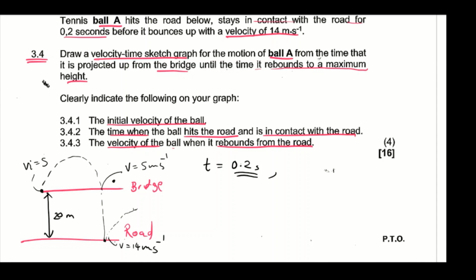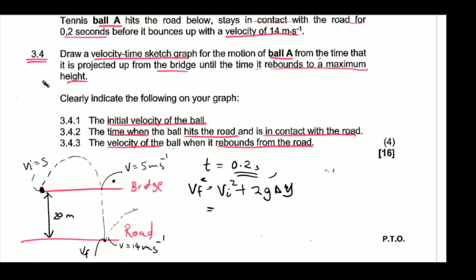The first thing we can find now is the final velocity as it reached the ground, moving from the initial velocity of 5 meters per second going downwards. So we say v final squared equals v initial squared plus 2 multiplied by g multiplied by change in y.